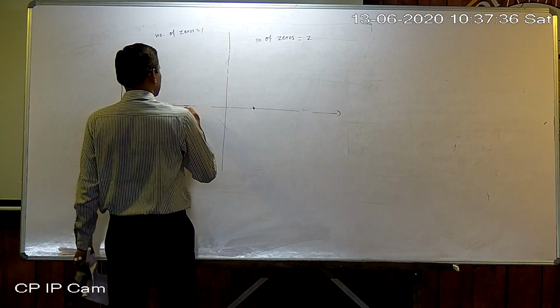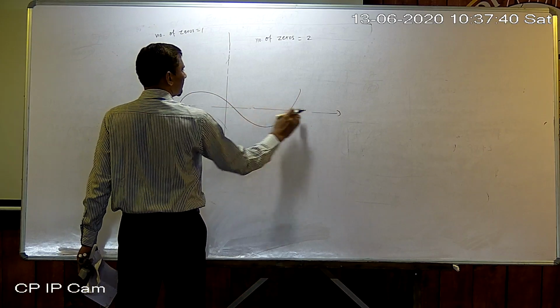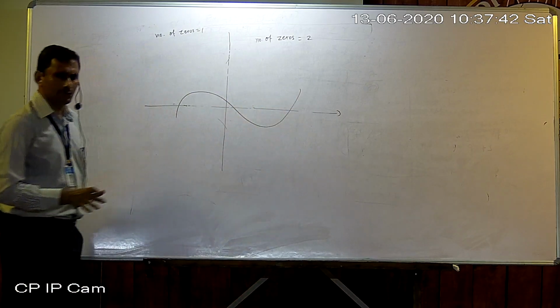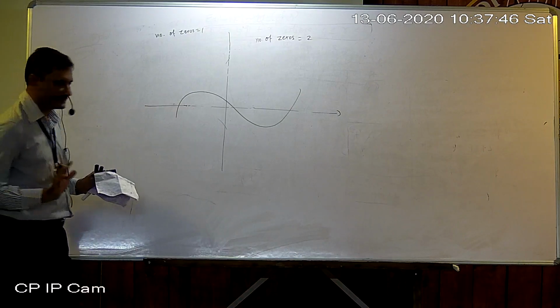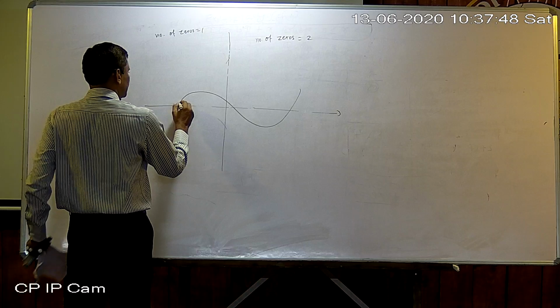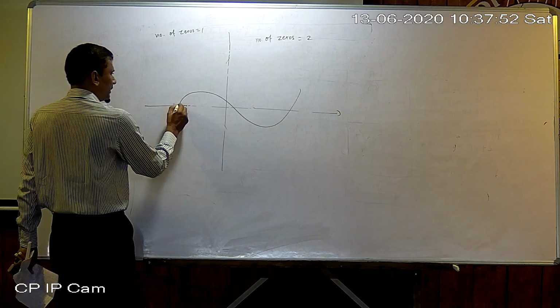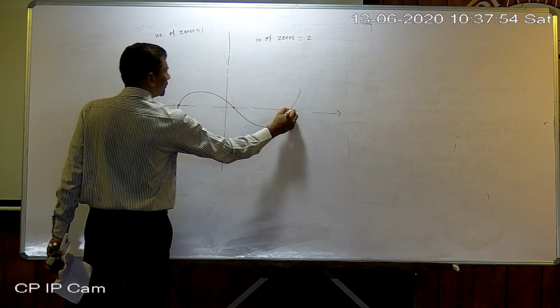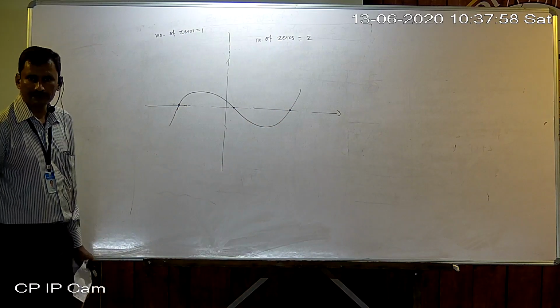Suppose the graph is like that. It may be of a cubic or biquadratic polynomial. That is not important for us. They ask how many zeros. So 1, 2, 3. So the number of zeros is 3, you understand?